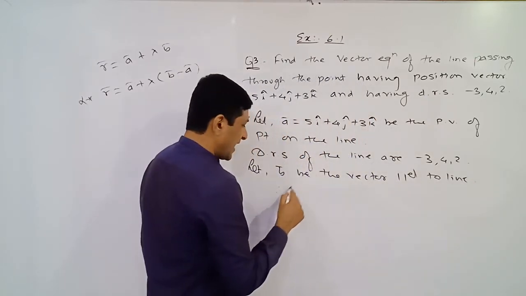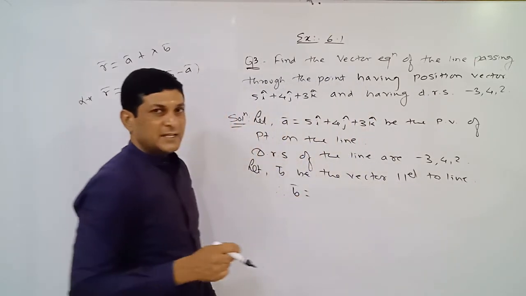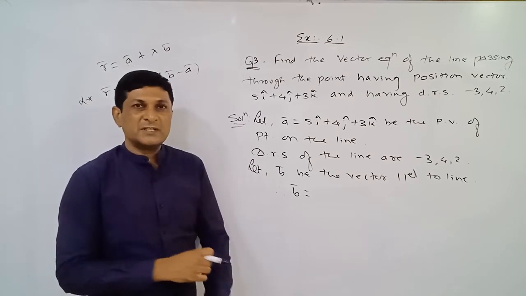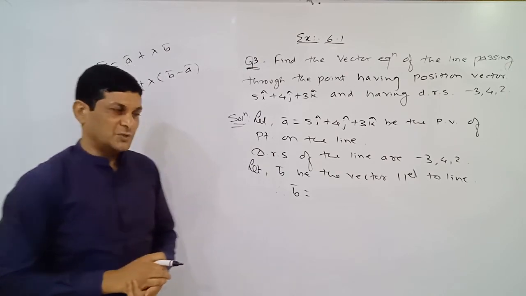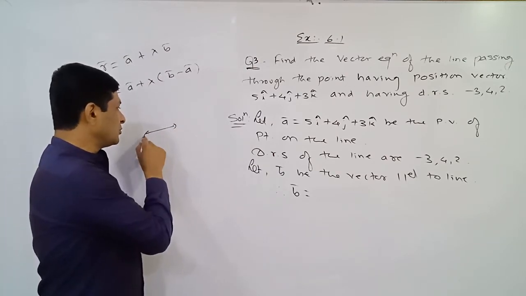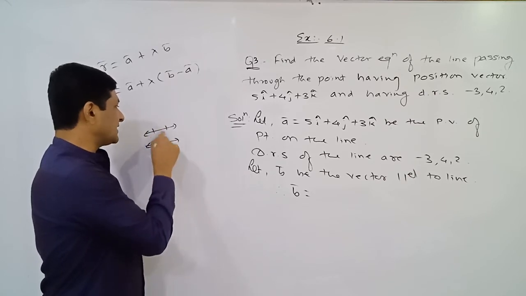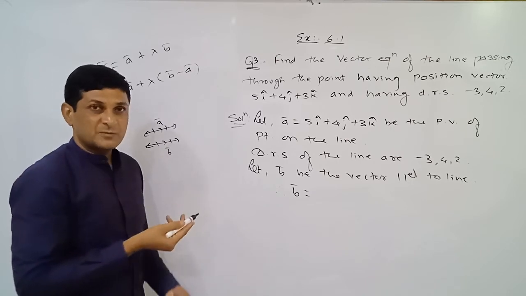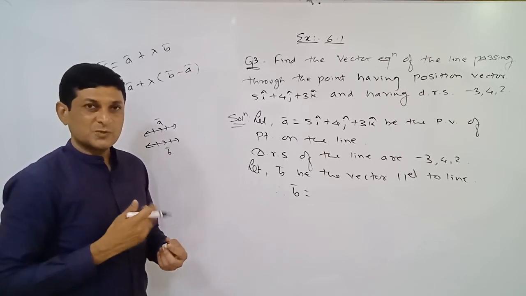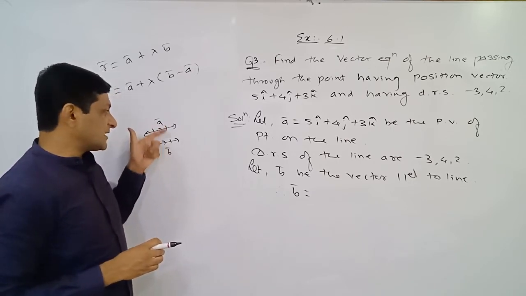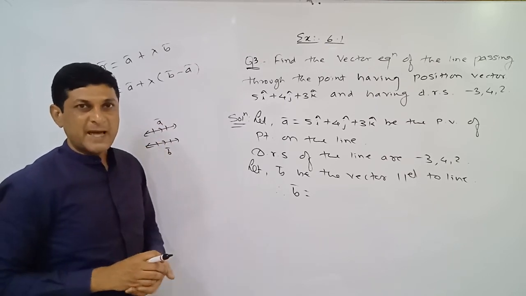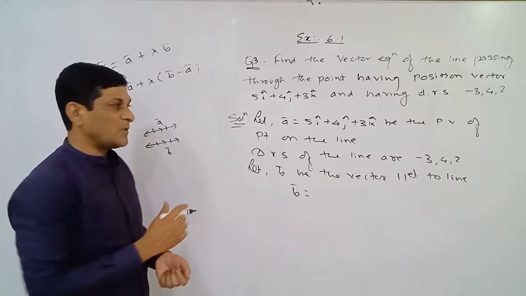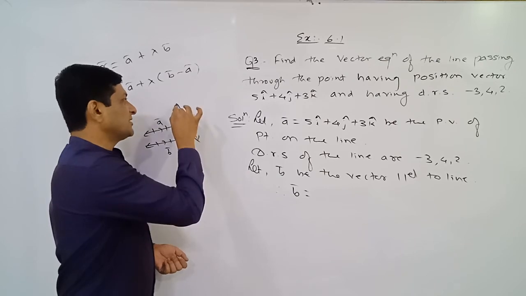Now, in vectors we have already studied the definition of direction ratios. In that case we have seen that if two lines are parallel or if two vectors are parallel, at that time their direction ratios are in proportion. Proportion means direction ratios are equal. So if two vectors or two lines are parallel, their direction ratios are equal.